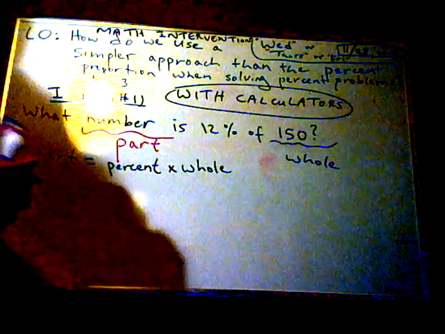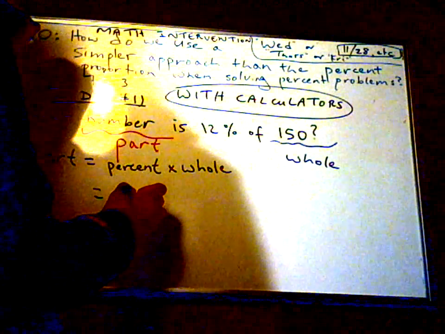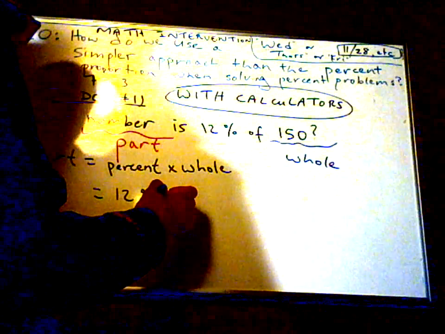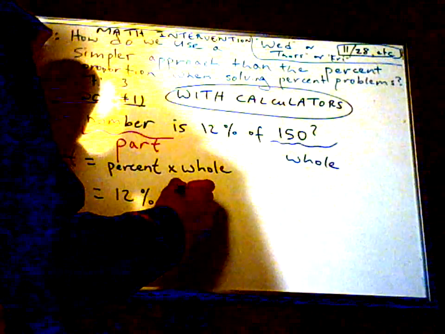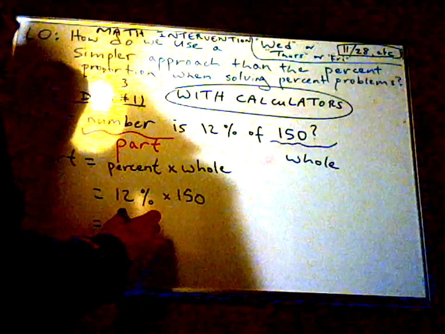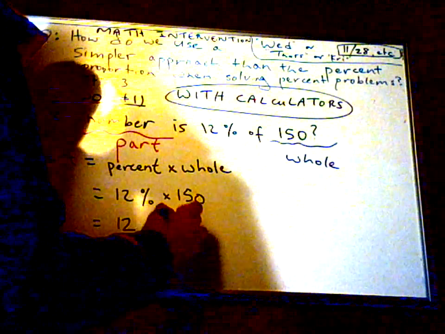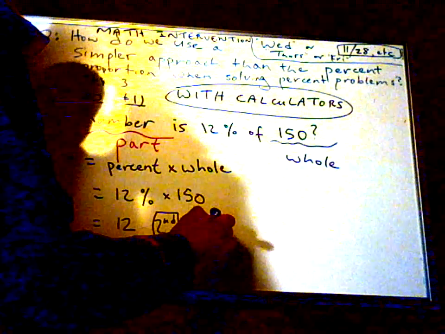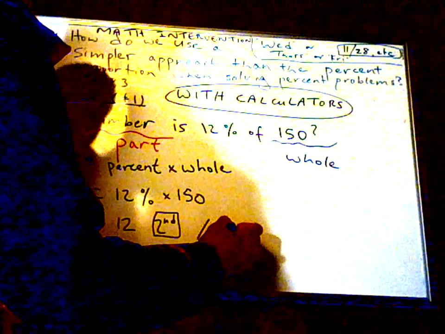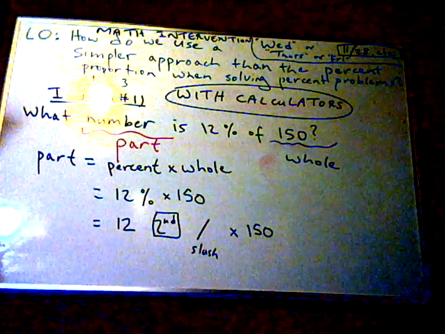So you can literally go into your calculator and hit 12%, times 150. How do you do that in the calculator? That's going to be 12, second, slash, multiplied by 150.